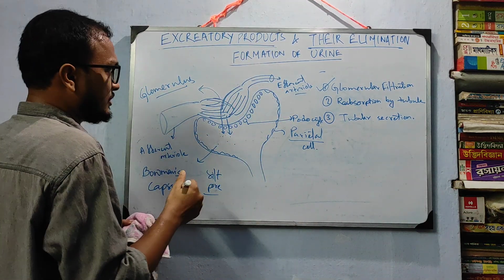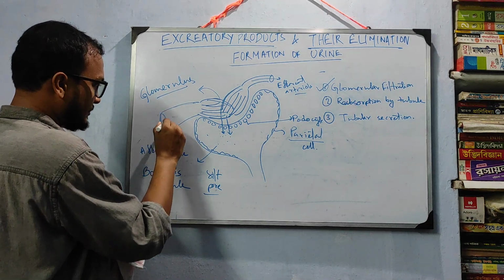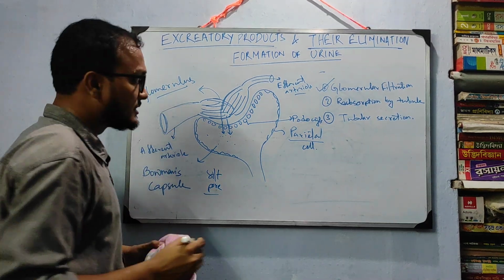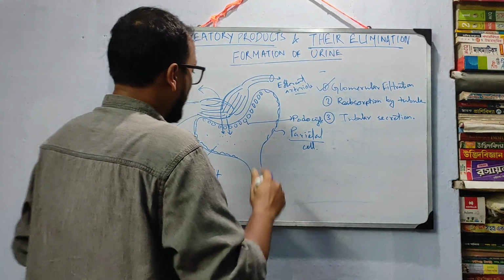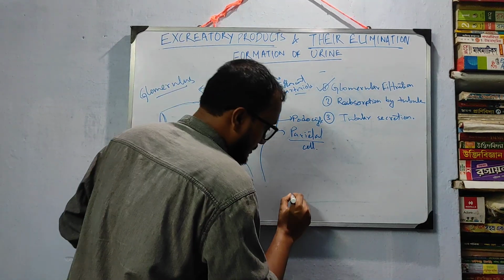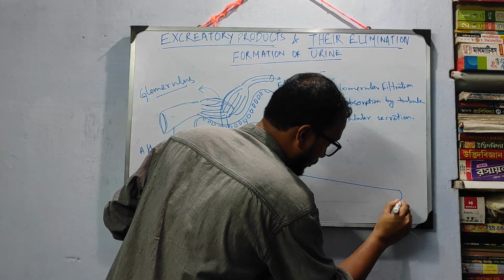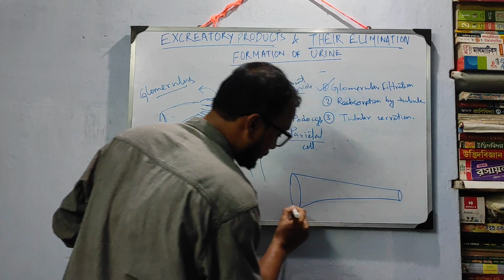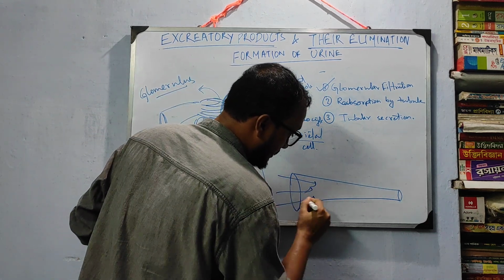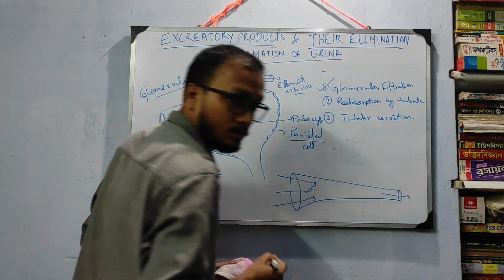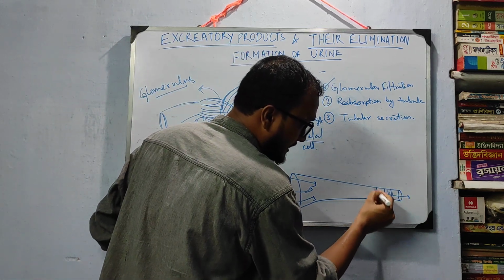Okay, now here you can see where I have drawn the picture. The diameter of the afferent arteriole is quite large, and the diameter of the efferent arteriole is quite small. Why? If you take a pipe where one portion is small and another portion is large, what will happen? A high amount of water will enter but a lesser amount of water can come out. So in that region, a high amount of pressure will get generated.